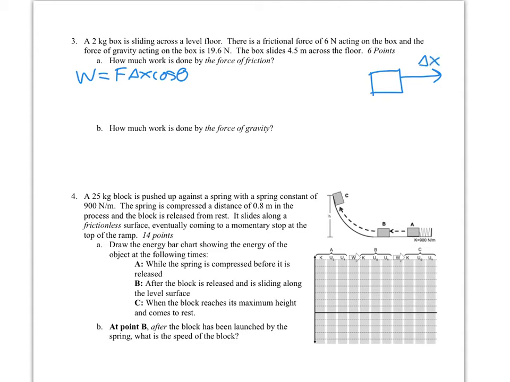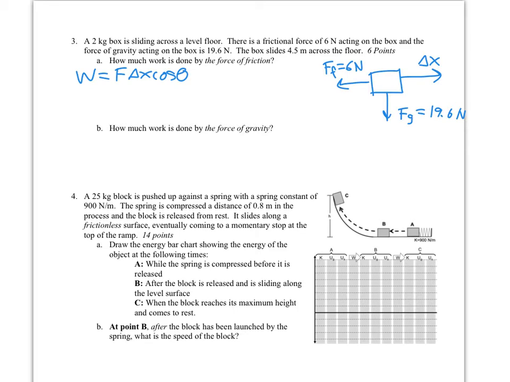And then we have some forces acting on it. The two we really care about are the force of friction, which is going to be going to the left, and it has a value of 6 newtons, and the force of gravity, which is going down, and it has a value of 19.6. It would have a normal force as well, and possibly something else, but we don't really care about those in this situation.